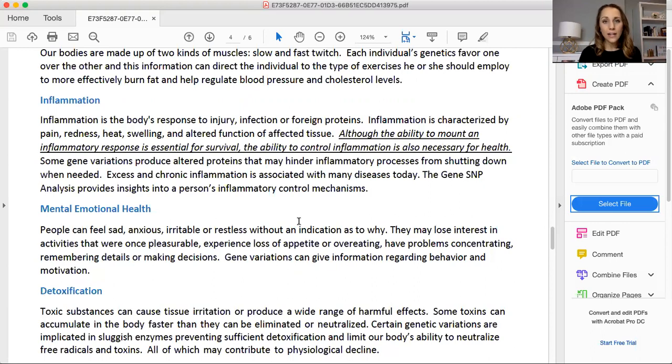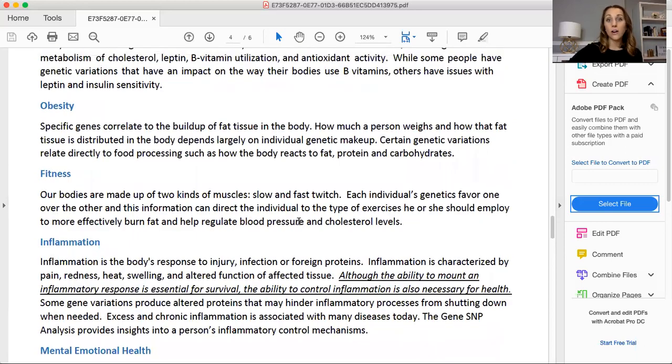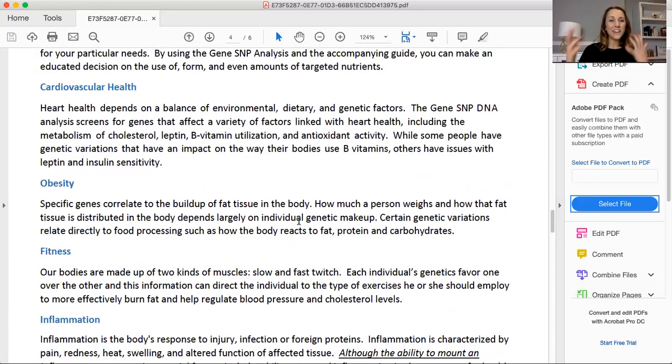You're still getting such a great tool with GeneSNP DNA analysis, even if you're just looking at that panel of genes. You may be a cardiologist, and you're prioritizing the cardiovascular health genes.